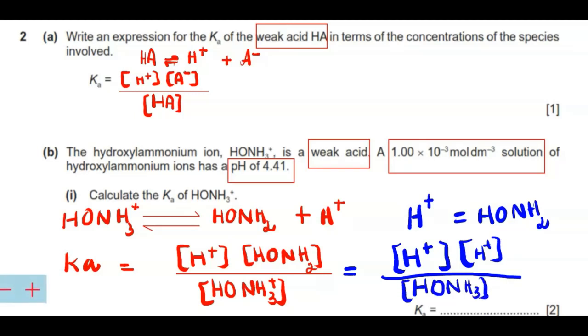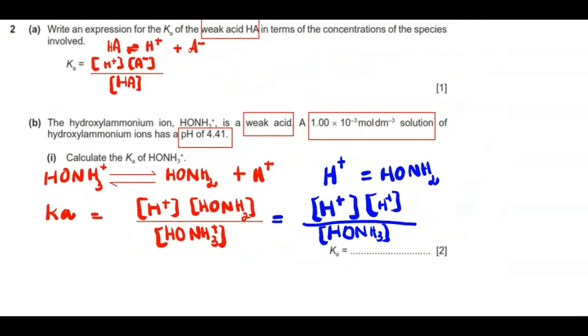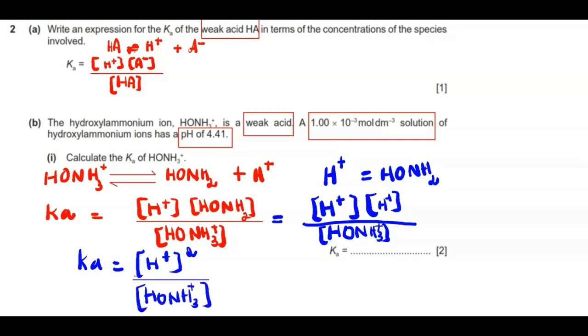This expression is further modified: you can write it in this manner, Ka equals H plus squared divided by HONH3 plus. So you are left with this.